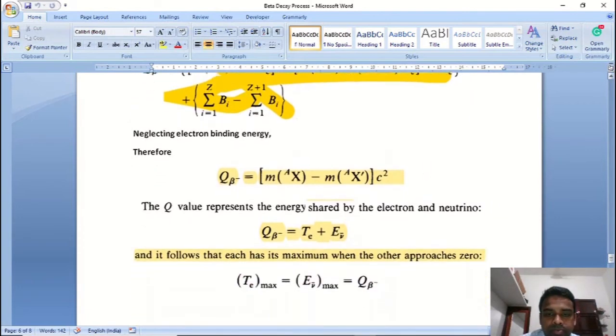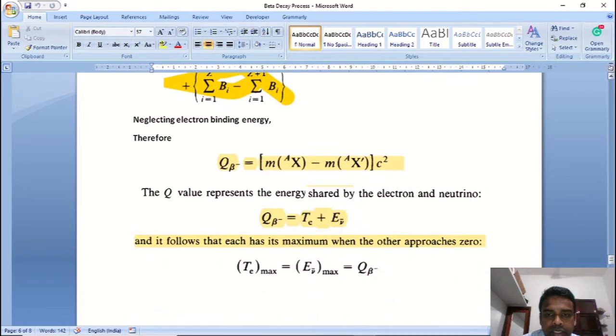Therefore, the Q value represents the energy shared by the electron and neutrino.